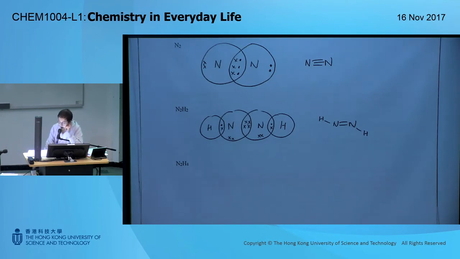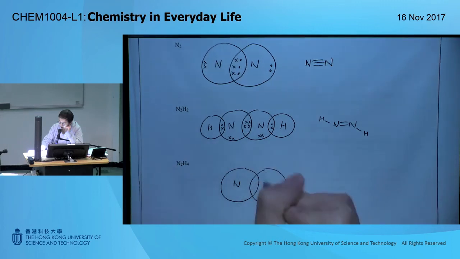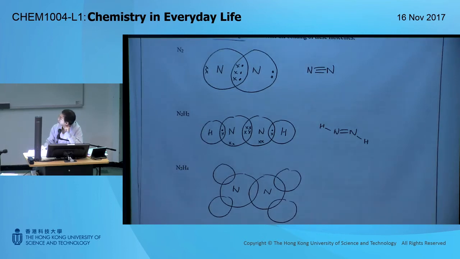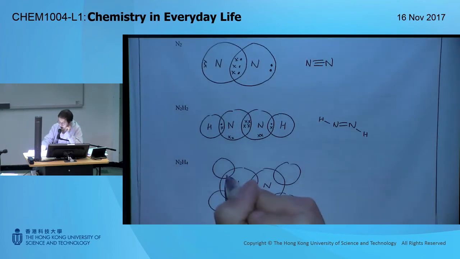And lastly, N2H4, with 2 nitrogens forming bonds, but now 4 hydrogens. So in this case, we already get 2 electrons from the hydrogens. Because each nitrogen needs 3 bonds and we already have 2, it only has to form a single bond.